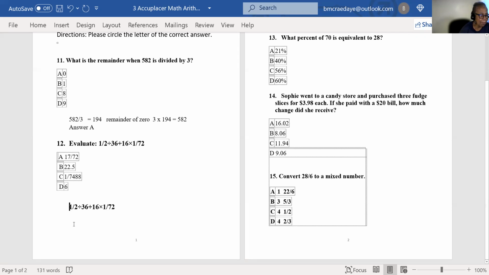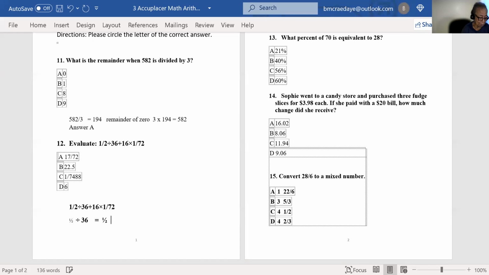So 1/2, and let me put my division sign here. Divided by 36. Okay. Leave the 1/2 the same. So you're going to keep that 1/2. Change the division to multiplication.